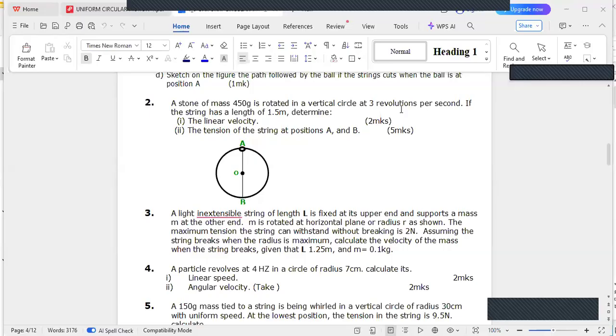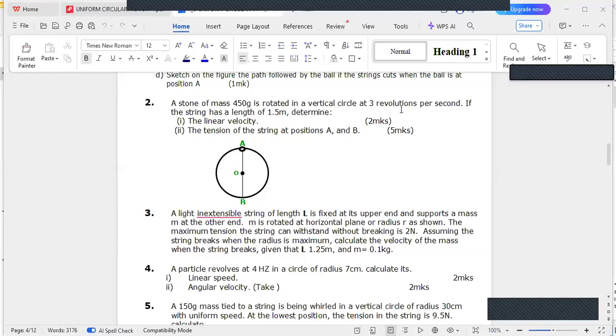So the answer to Roman 1 is 28.27 meters per second. Roman 2, the tension of the string at positions A and B. We start with tension at A, TA equals mv squared over R minus mg.